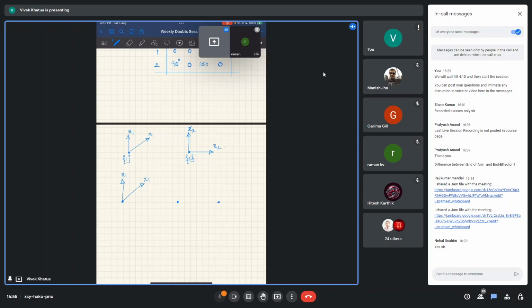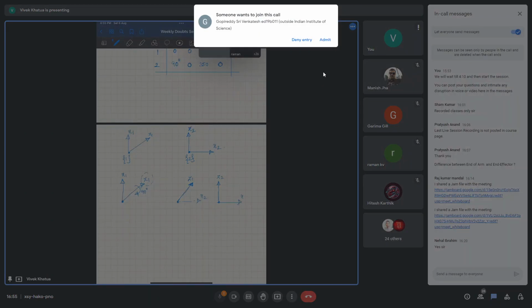First, about the z1 axis, I am rotating by 90. So I would get my z1 like this, and my new axis will form something like this, x2. Now I want to get z2. Z2 looks like this, solid line z2.